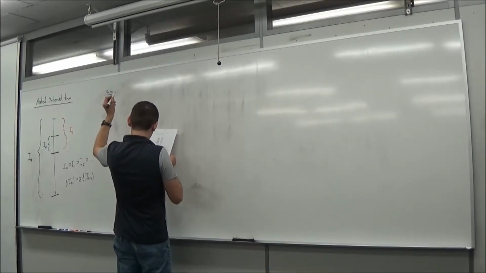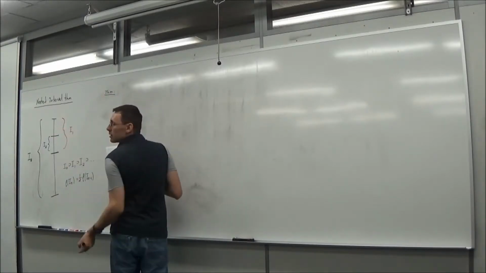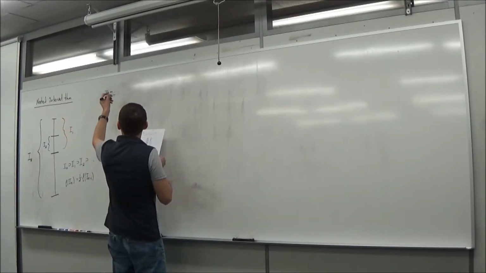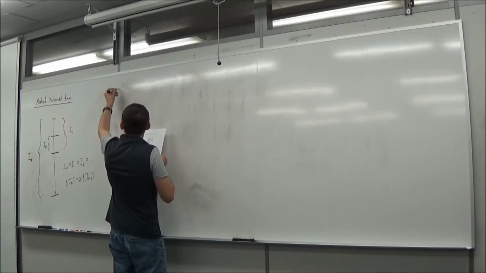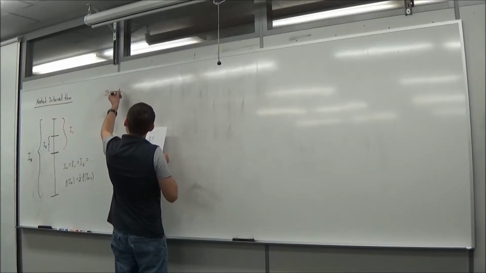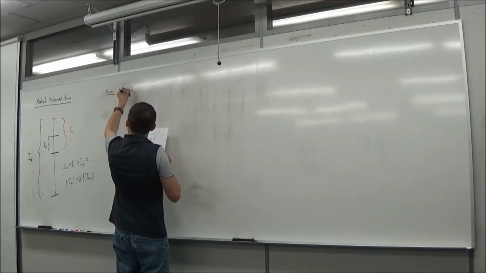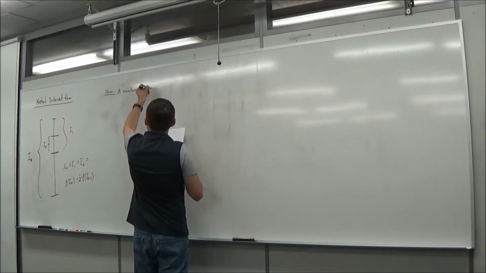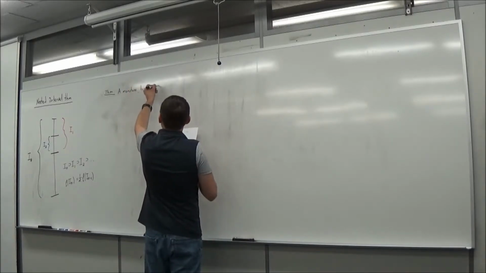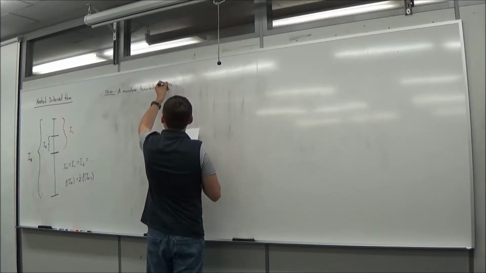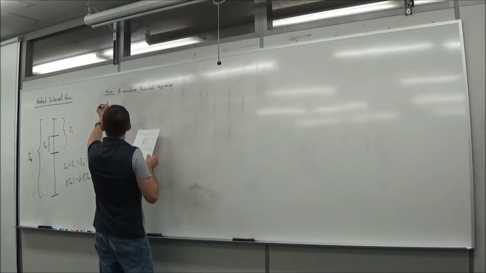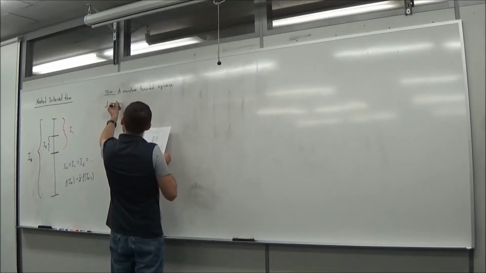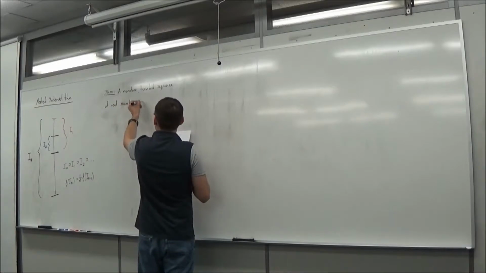So first theorem that I will mention, it's going to be something that I use to prove this nested interval theorem, and this claim is: a monotone bounded sequence of real numbers converges in R.